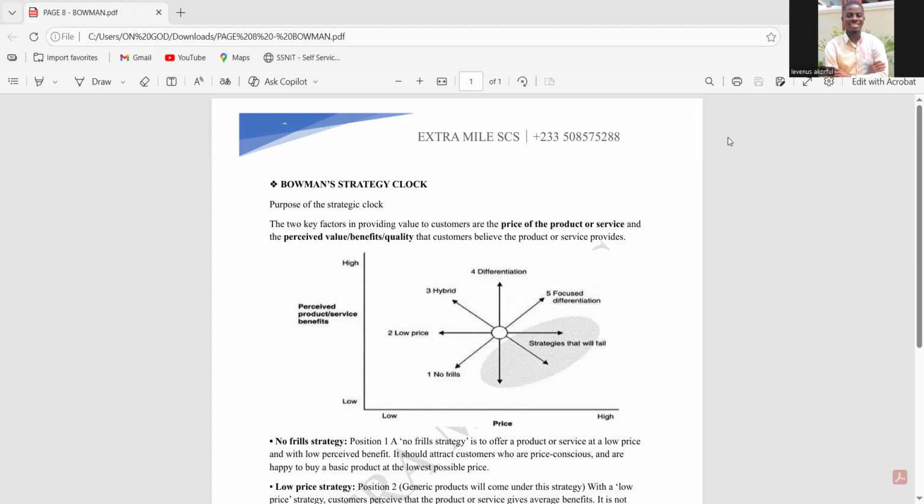All right. So the second strategy that Michael Porter proposed is what we call the differentiation strategy. What is the differentiation strategy? This is that strategy where if you are employing it as an entity, that means you are going to provide a unique value proposition to the customers that will make you gain superiority over your competitors.